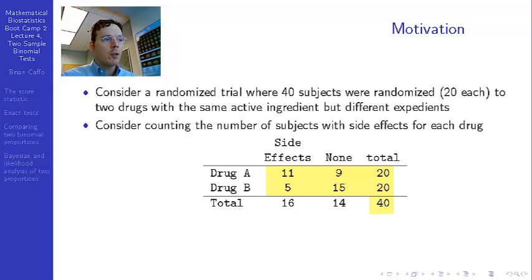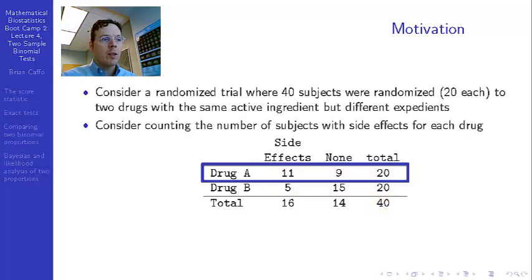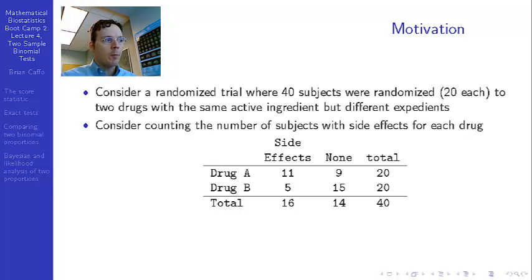So on face value, there seems to be a greater propensity for side effects from drug A than from drug B. And what we'd like to do is a test of whether or not the propensity for side effects is the same within the two drugs.